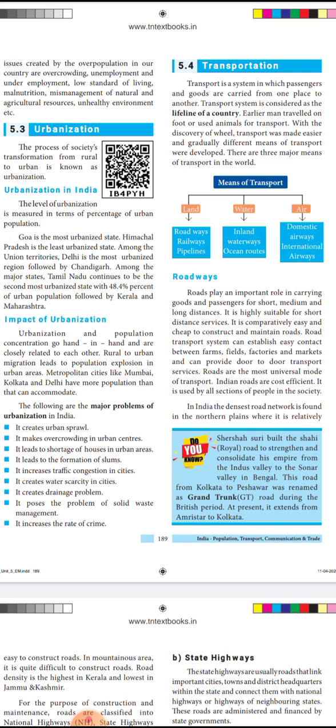Next comes the pipeline transport. Pipeline transport is a very convenient mode of transport to connect oil and natural gas fields. Wherever they are getting oil and natural gas, pipelines will be there in order to move the oil and natural gas from one place to another, that is from the field to the refineries and to the markets.